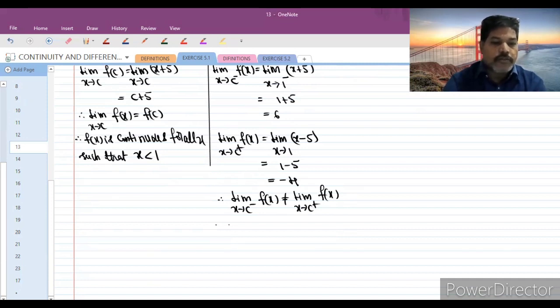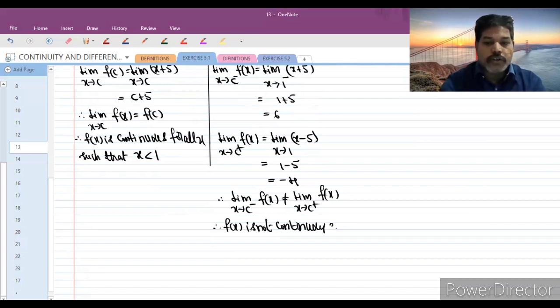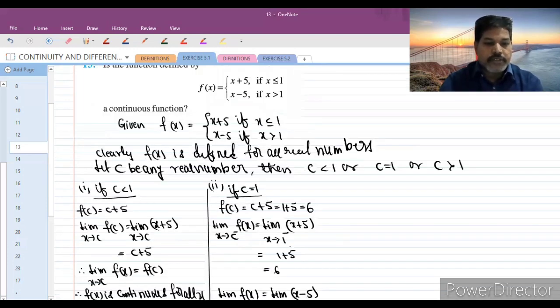So therefore, f of x is not continuous at x is equal to 1. So see that, students, case 2.